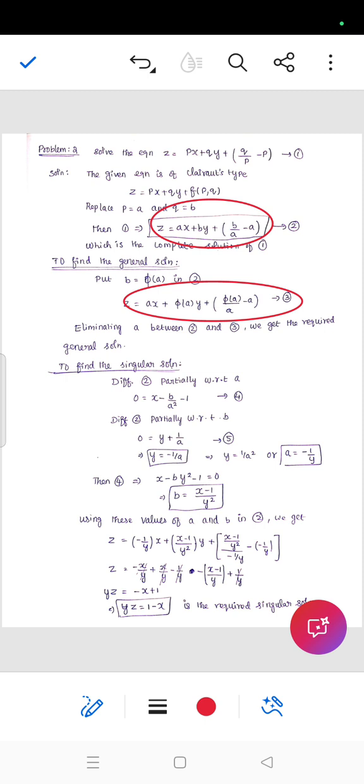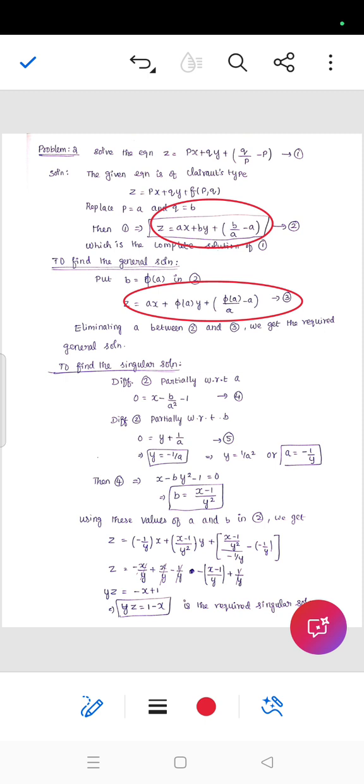Then from this, we can obtain x in terms of the arbitrary constants. So equation 5 becomes y equal to 1 minus 1 by a, which implies y equal to 1 by a square, or a equal to 1 by y.